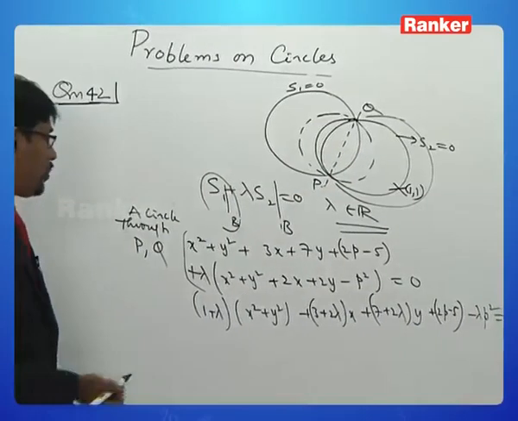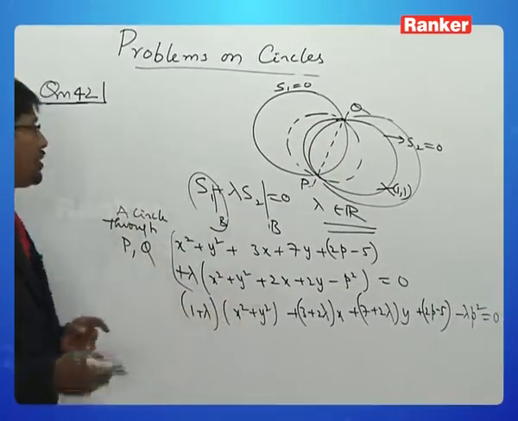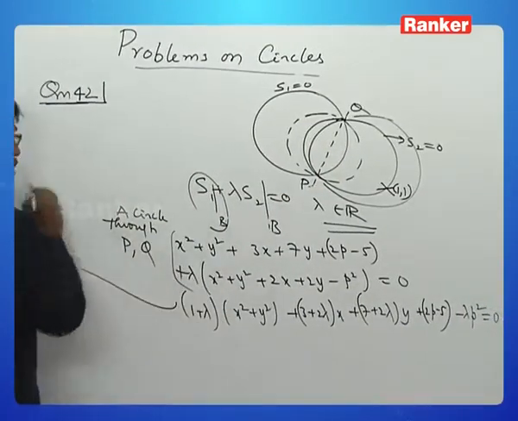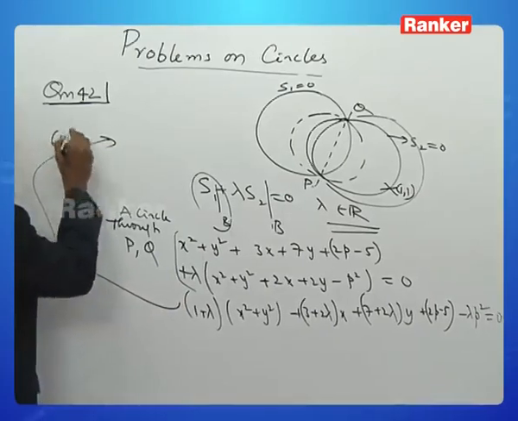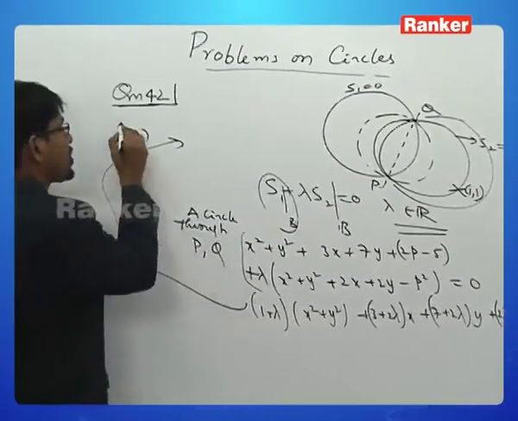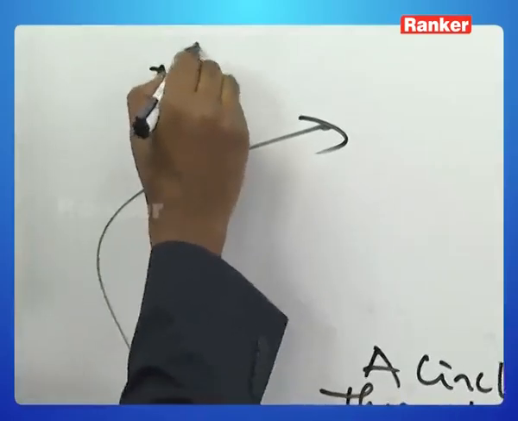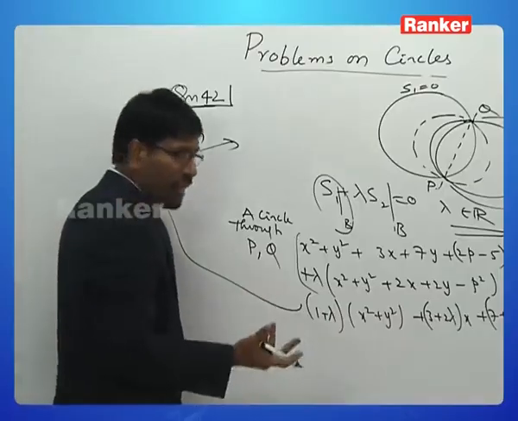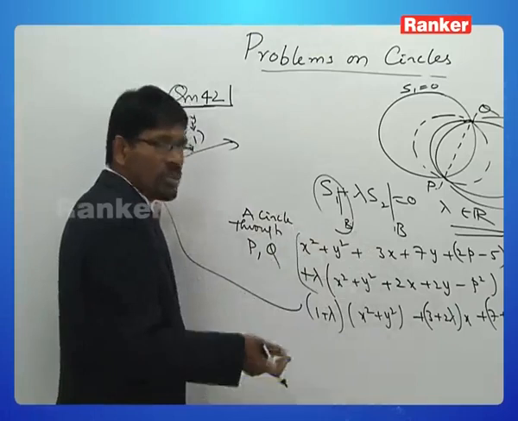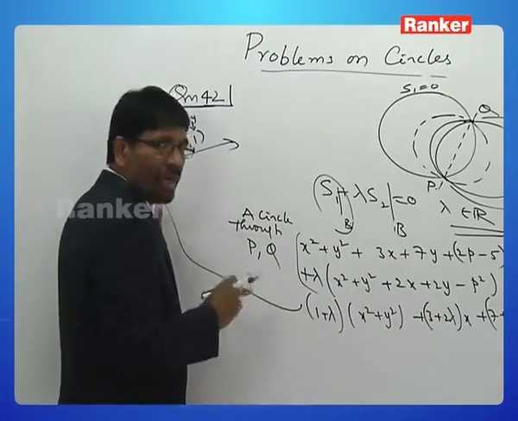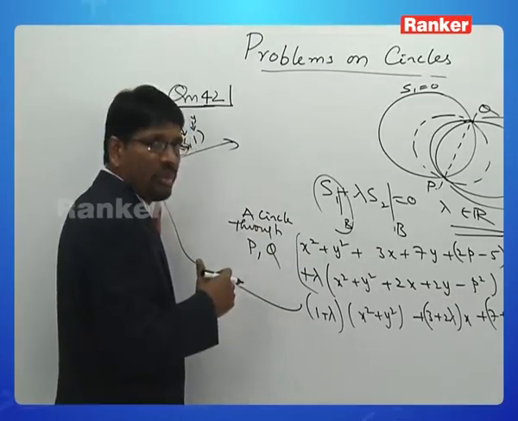Now, 1 comma 1 should satisfy this equation. That means 1 comma 1 lies on it, substituting x as 1 and y as 1 in this equation and seeing if there is a possibility of getting a lambda. For what values of p can we get a value of lambda satisfying this equation? That is what we want here.